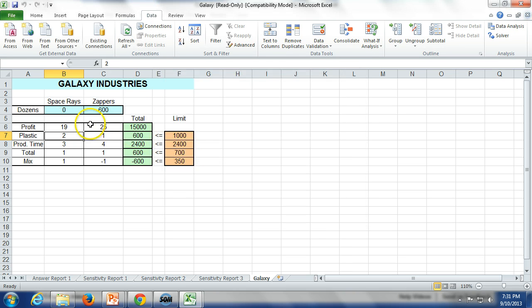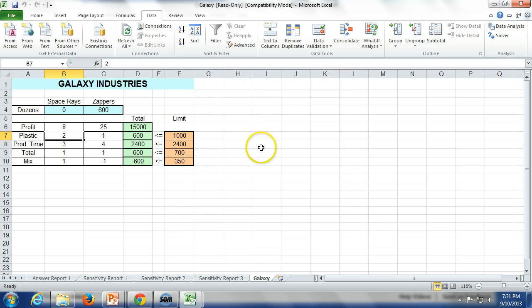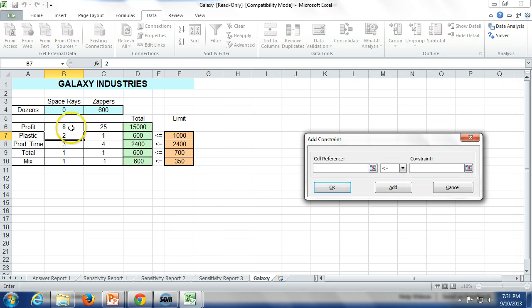Okay, let's go back to where this was. Was it 8? I think it was 8, yes? Okay, I'm going to resolve. And we make 15,000 according to the solution. I'm going to add a constraint to force it to make a dozen space rays. So I'm going to add that B4 has to be greater than or equal to 12.